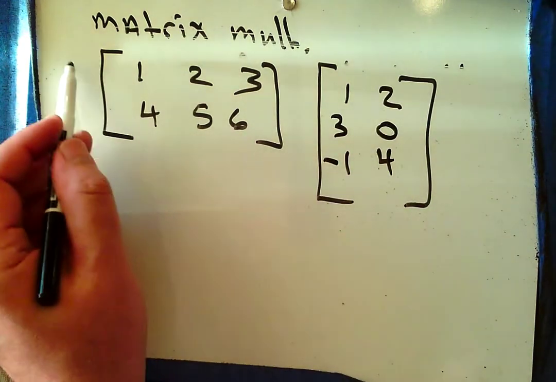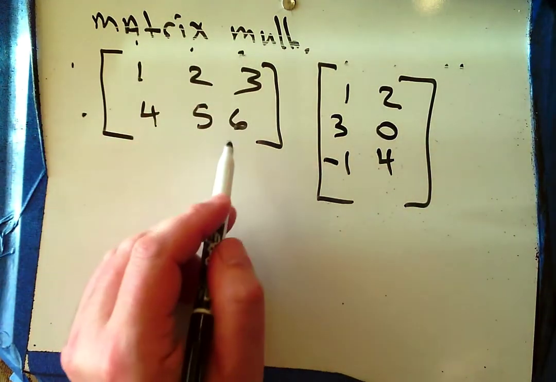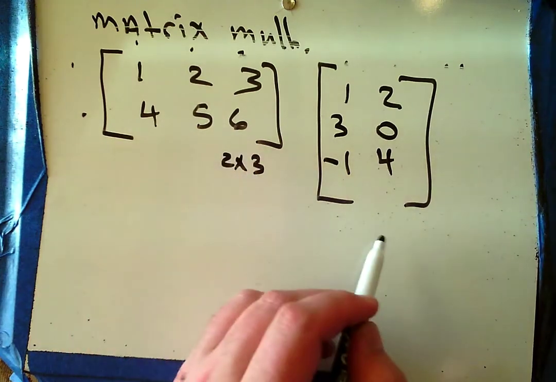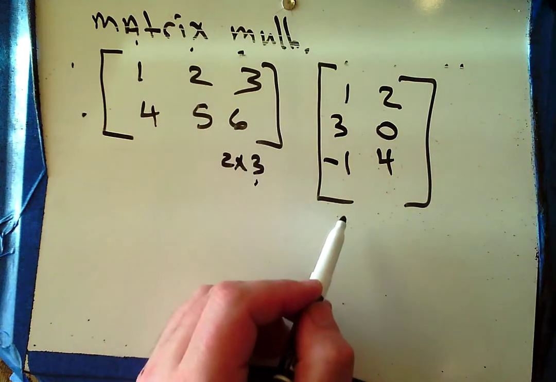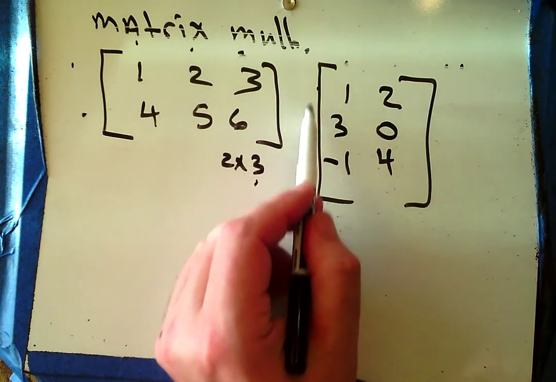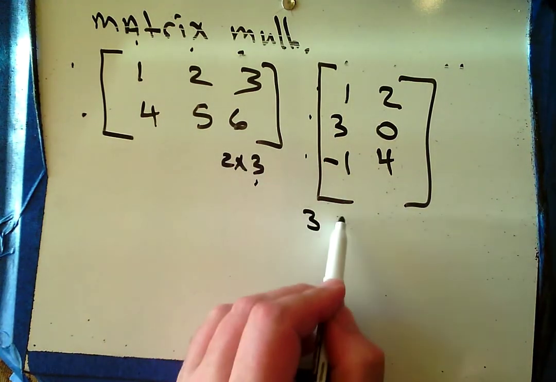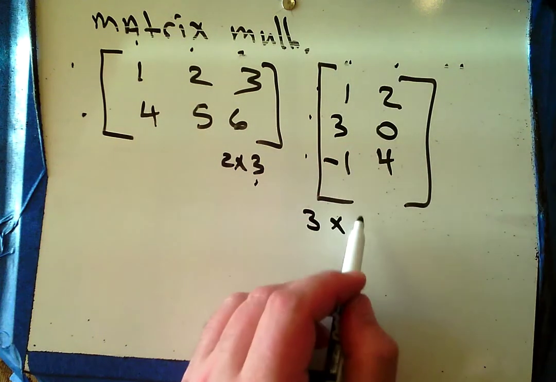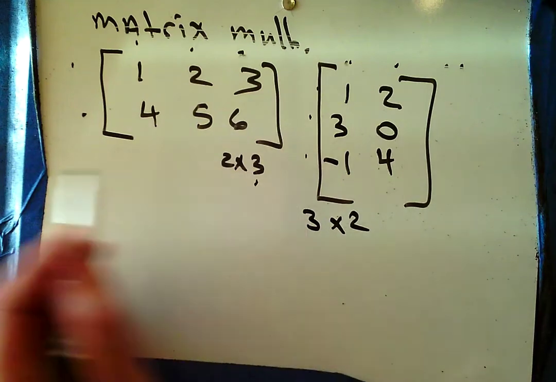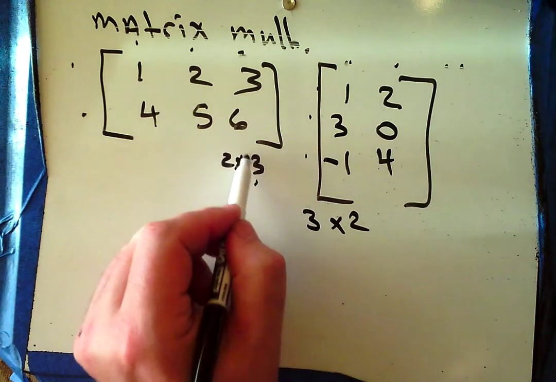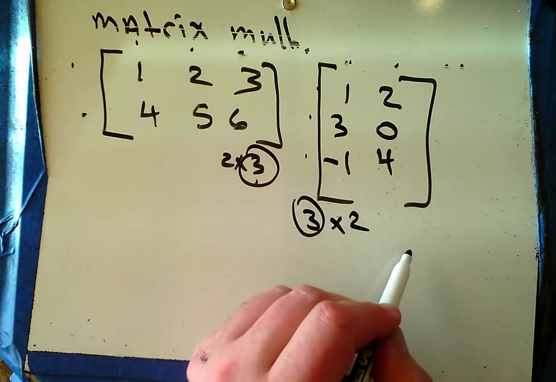So here I have 2 rows and 3 columns. So this is a 2 by 3. This 3 represents the number of columns. This matrix has 1, 2, 3 rows and 1, 2 columns. And so what we're looking for, what I wrote in all those words, is these numbers have to be the same.